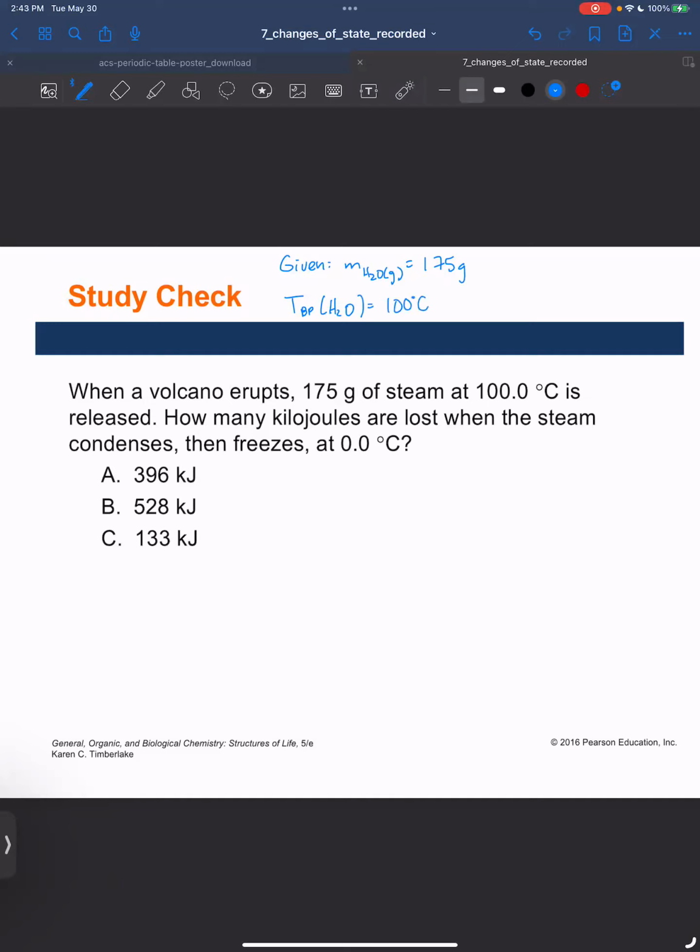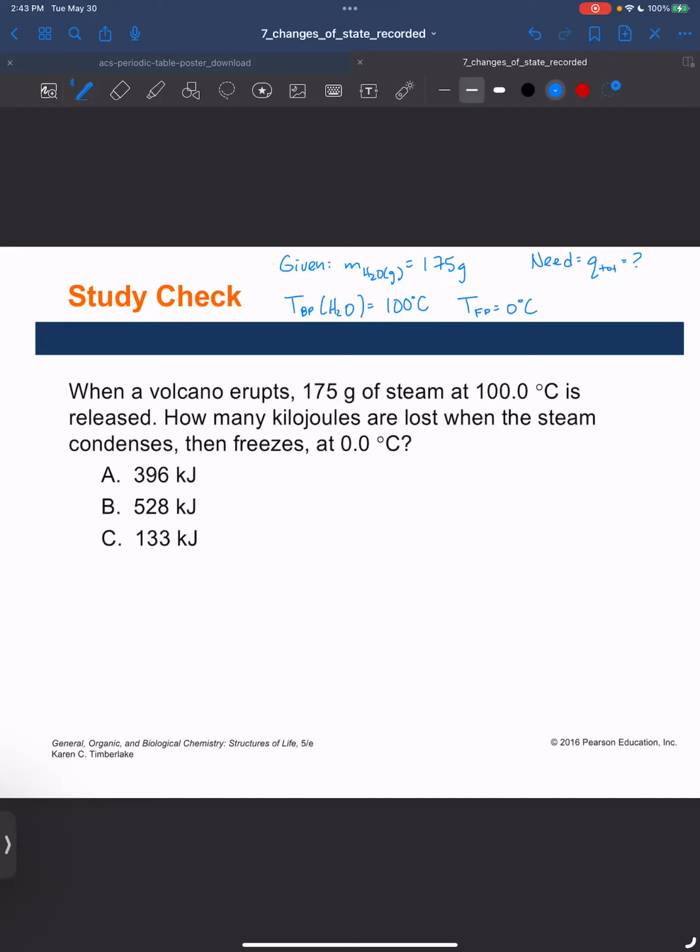So knowing when you need to plug something in versus when you don't is important, but we'll keep it there. And this is how many kilojoules of heat energy are lost when the steam condenses and then freezes. So I also need that freezing point, which is 0 degrees Celsius. And I need the total amount of energy in kilojoules.